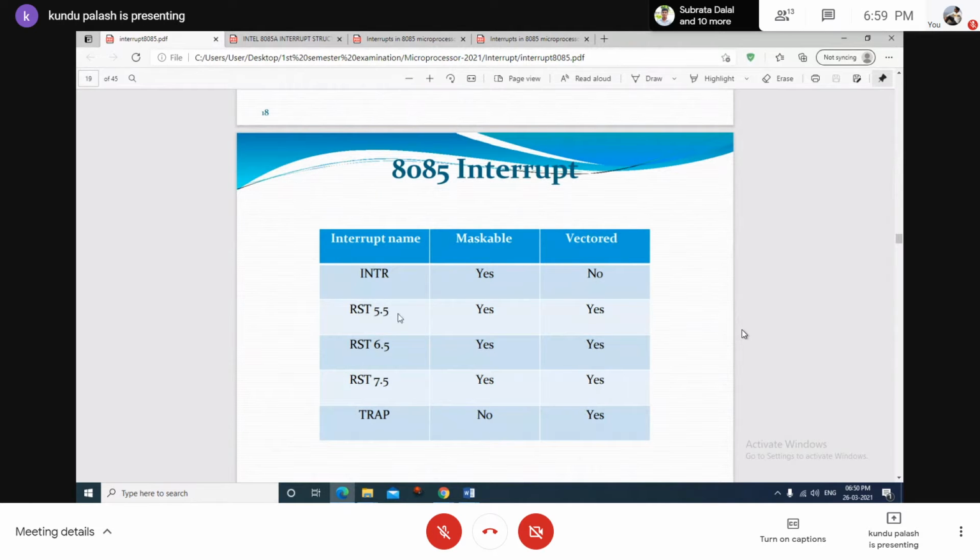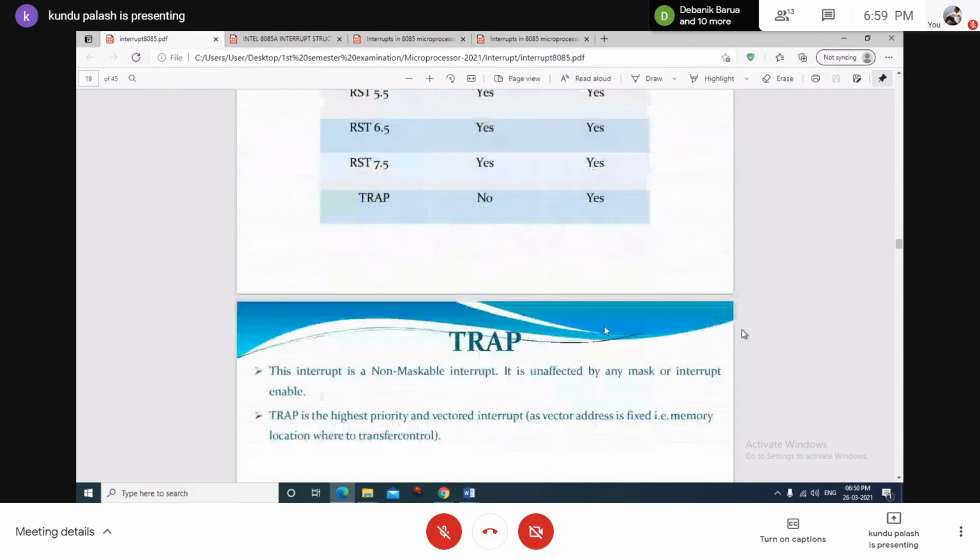For example, among these interrupts, except TRAP, the 4 hardware interrupts can be masked selectively by using another code I am describing. But RST0 to RST7 cannot be masked because they are not hardware interrupts. So that is the theory.